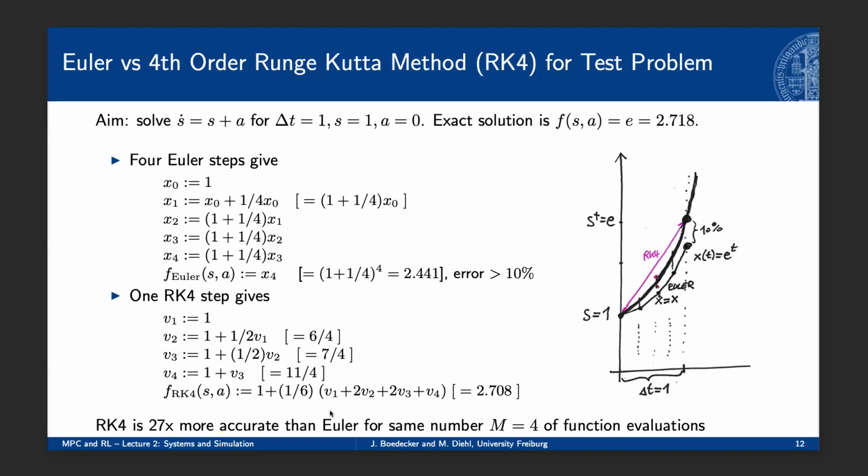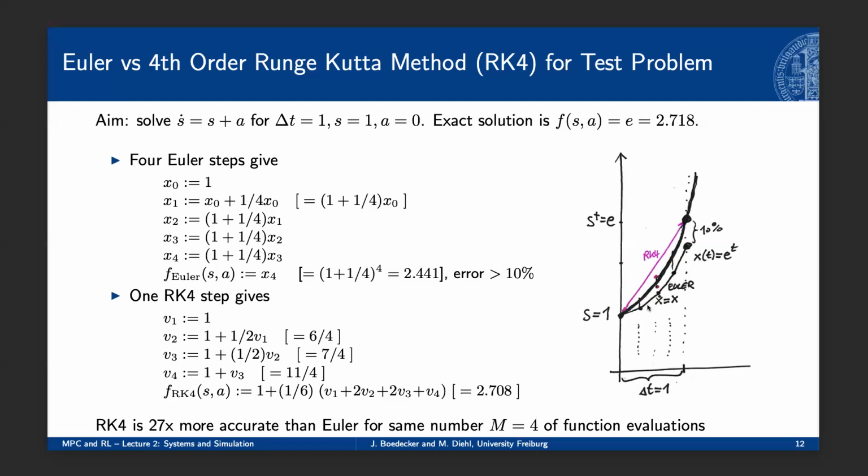So if you look at a simple test equation here, that's just a minimal system S dot equals S plus A, right? Simple system. One as a time step, starting condition S equals 1, no control, A is 0. And then we can easily compute the exact solution. So we have this exponential growth here, and at the end of the time interval, we get E. So the exact solution is here in black.